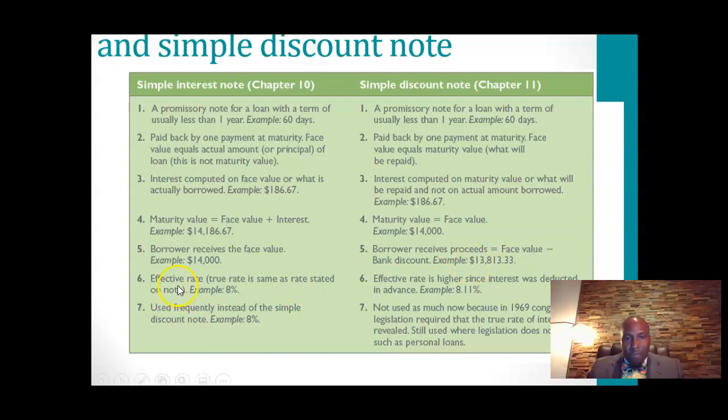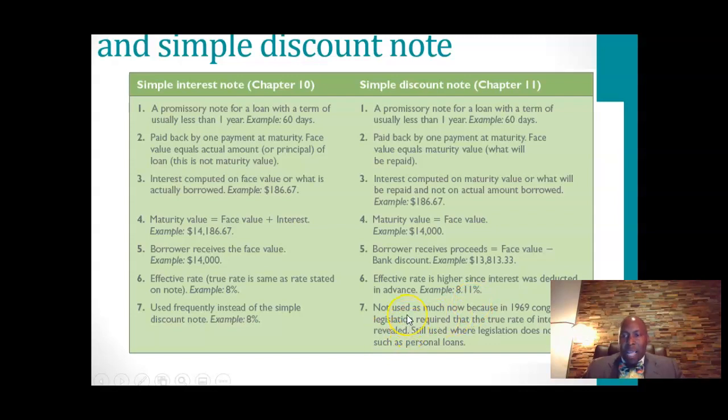So the effective rate is the same as the stated rate of interest on the note, 8%, but the effective rate on the discount note is actually higher than the stated rate, at 8.11%. So basically what this is saying is that most banks will use the simple interest note approach. You're not going to see the simple discount note used as much because in 1969, legislation required that the true rate of interest be revealed.